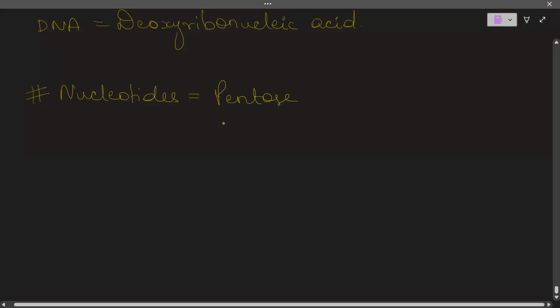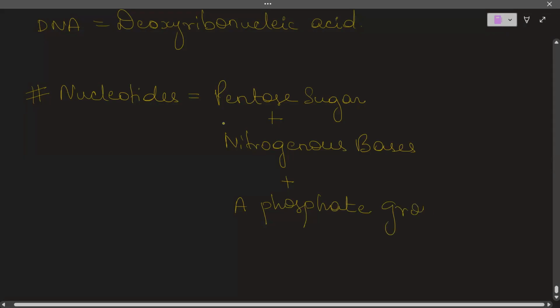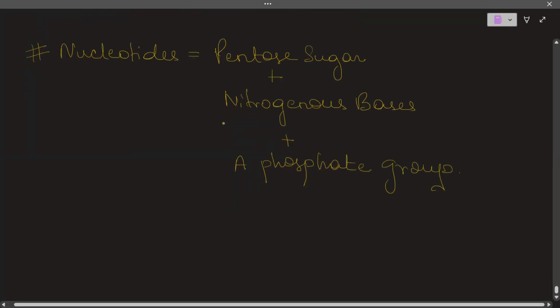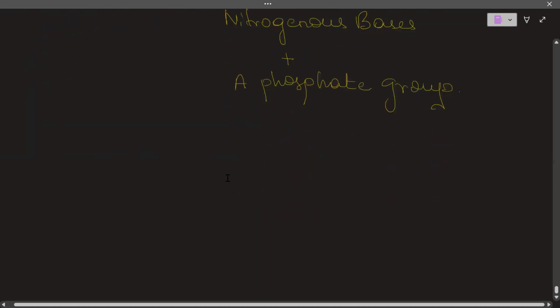Pentose sugar means how many carbons? Five carbons. Yes. Pentose sugar along with nitrogenous bases along with a phosphate group. When these three things combine, that becomes a nucleotide. These nucleotides are the monomers of the nucleic acid.